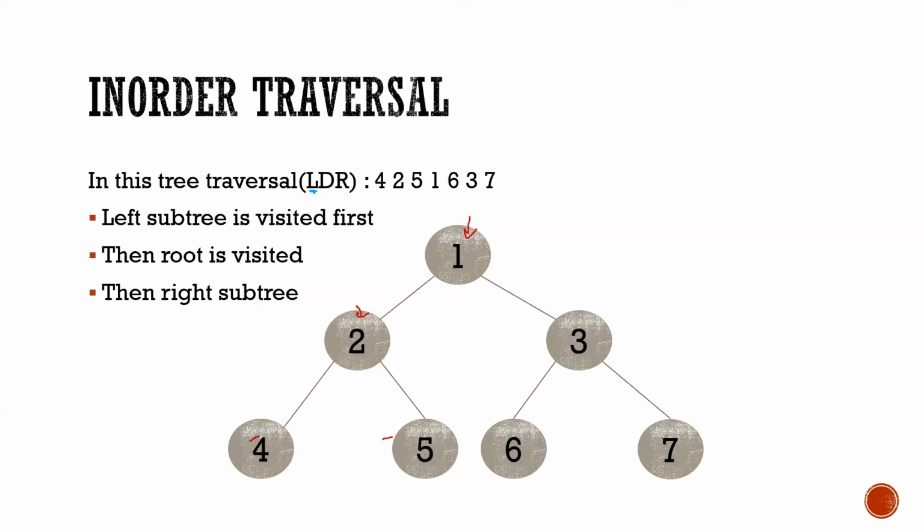Again, 4 and 5 are leaf nodes, so we'll write 4 first, left, then data is 2, then right, it is 5. Okay. Again, the data part is 1. For the right subtree, root node is 3, left node is 6, and right node is 7. So for 3, 6 first, then data, it is the root part.